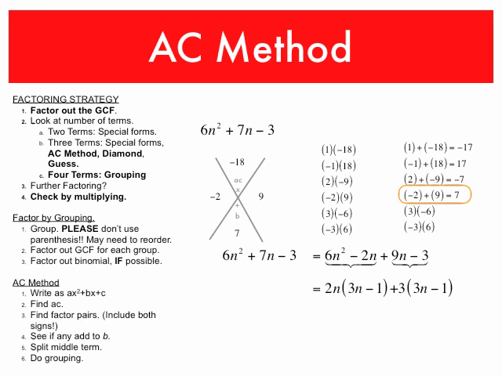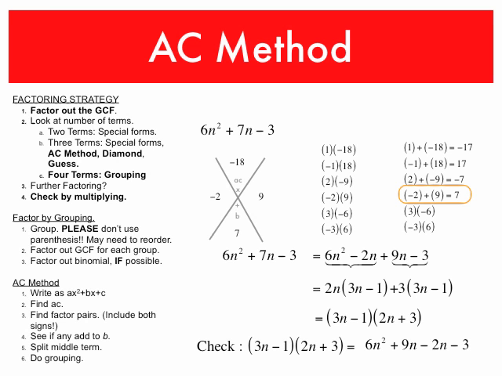If they don't match, you can't keep going. So I pull that common 3n minus 1 out front and put my leftovers, my 2n and my 3 in the second set of parentheses, and I'm done. Best way to check that is just FOIL it and make sure you come back to 6n squared plus 7n minus 3. Okay, that does check.